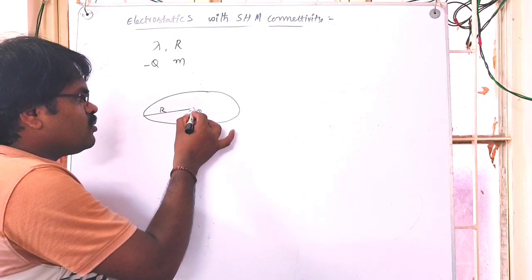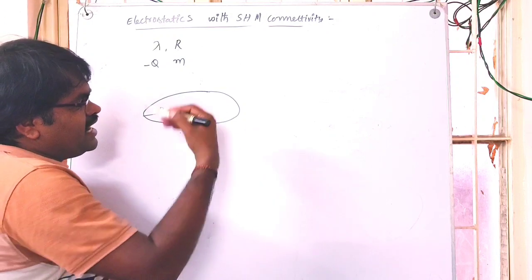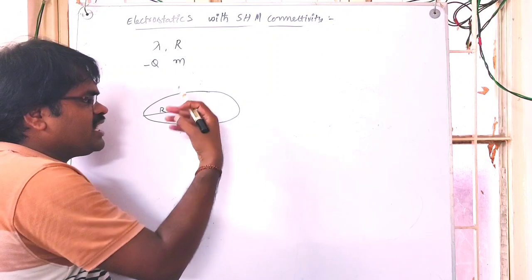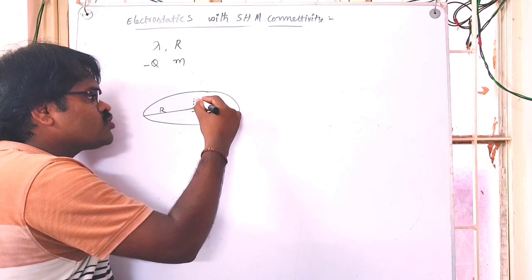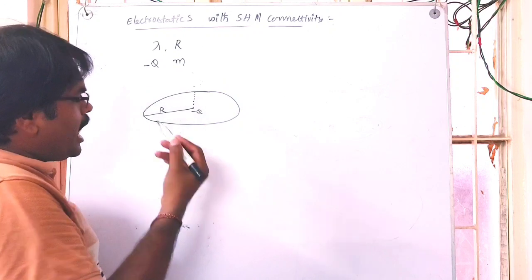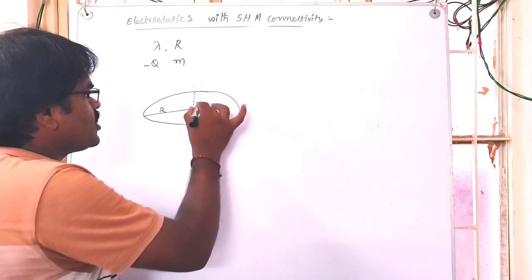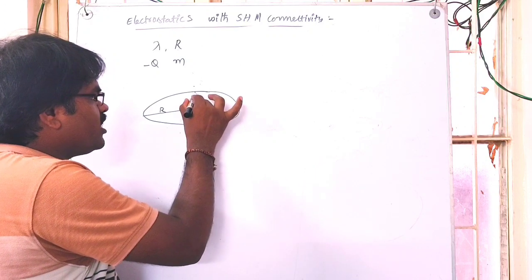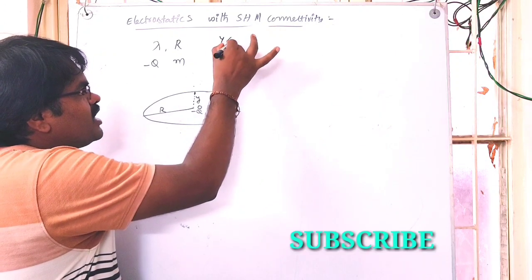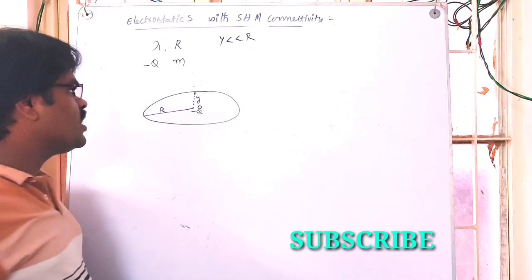Then the minus q charge is gently pushed a small displacement along the axis of the ring, at a distance we consider y. Here y is less than r.